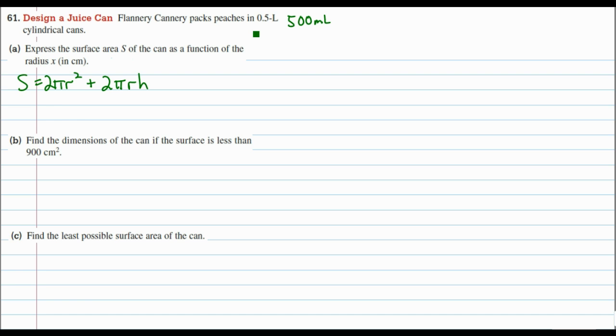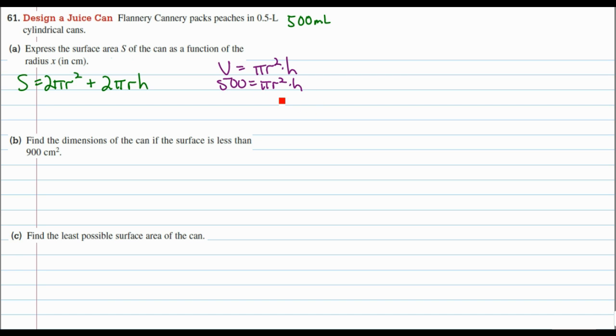So the other thing I know about this can is the 500 milliliter volume. So the volume of the can is pi r squared times height. The volume is specifically 500 milliliters.